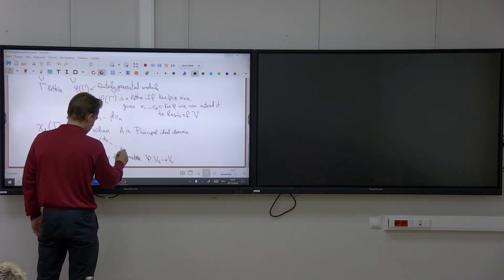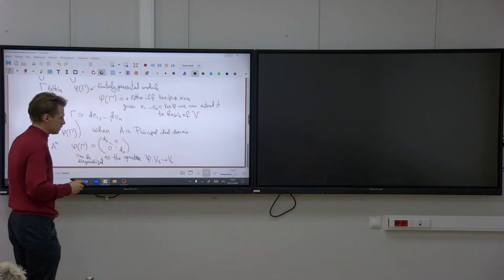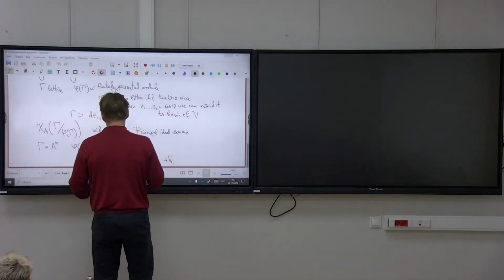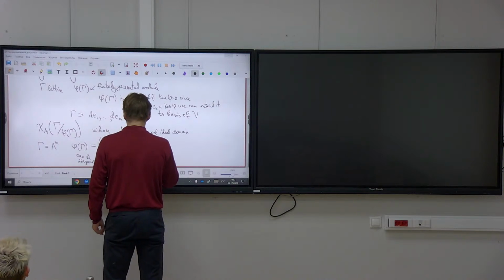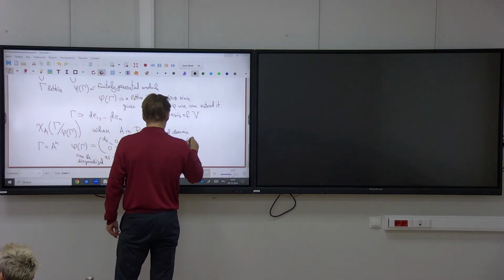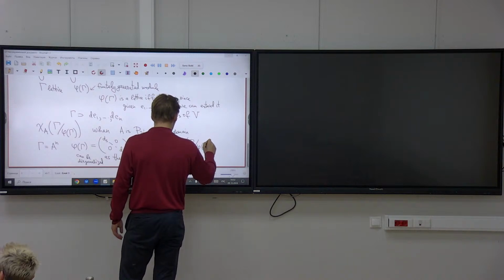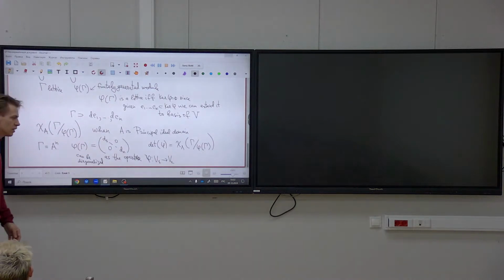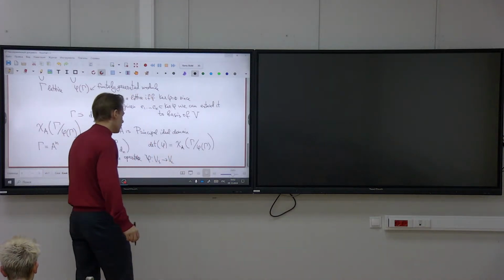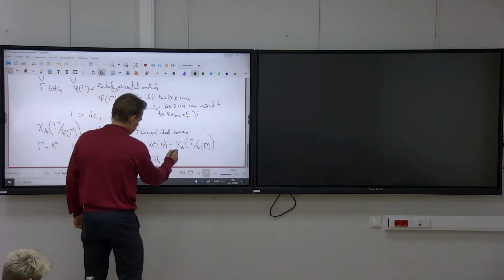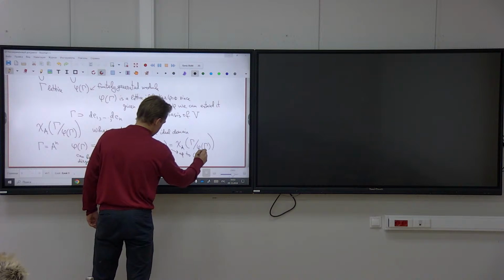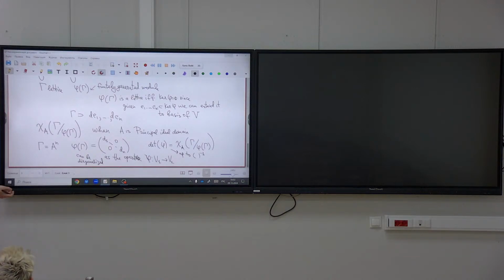So it is D1, Dn, and still you can calculate the determinant, and the determinant of this operator is equal to chi of A gamma over phi gamma, maybe up to the sign, I mean up to taking the inverse. So this should be specified as the definition.